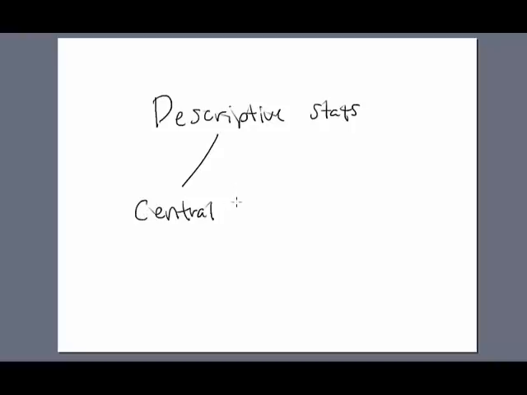In this video, we're going to learn how to calculate descriptive statistics. There are two types of descriptive statistics: measures of central tendency and measures of dispersion.